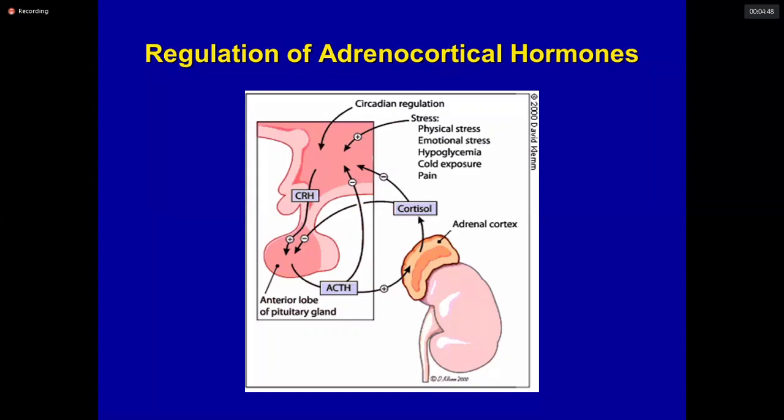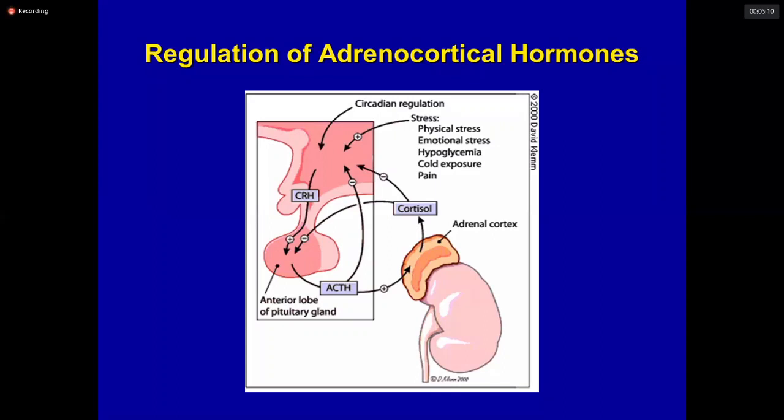Now, most of the testing that we do in order to know if the pituitary and the adrenal is working in a good way is done by remembering the positive and the negative feedback that regulates the actions and the secretion of the hormones in these glands.